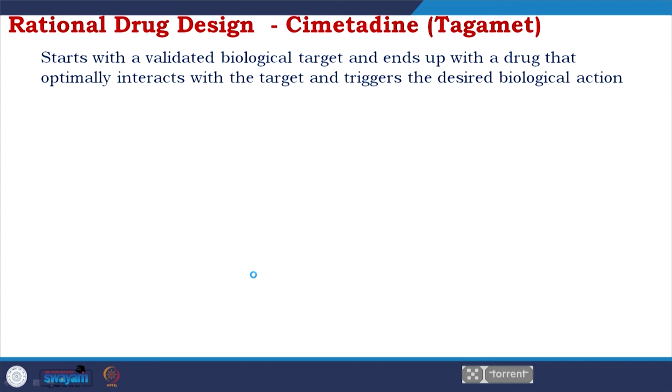So, you should have a valid biological target, be it with structure or without, and then using that target you get a drug that interacts very well with the target and gives you the desired biological effect.